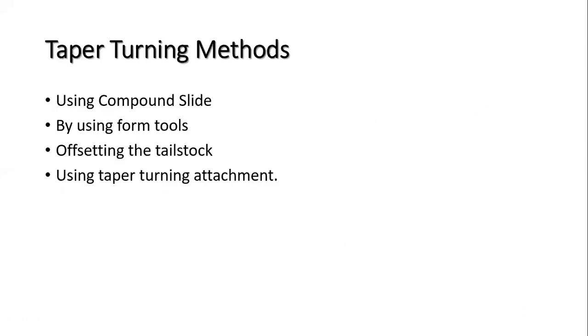Here are the taper turning methods: using the compound slide, using form tools, offsetting the tailstock, and using taper turning attachments. In our workshops, we prefer the first one, using the compound slide, and we can also use form tools.